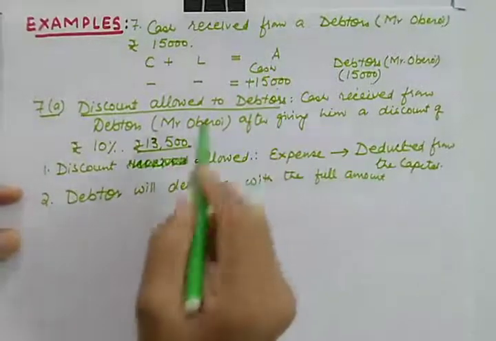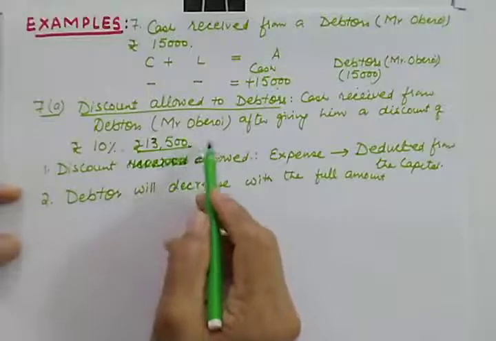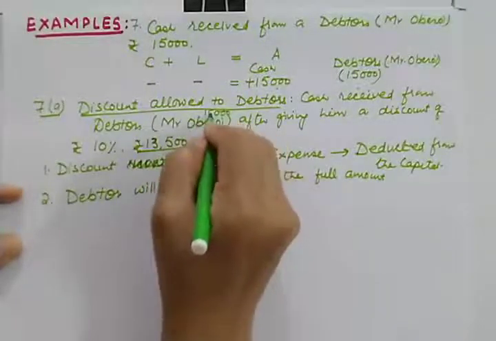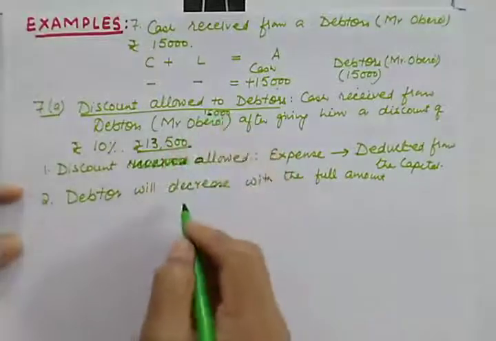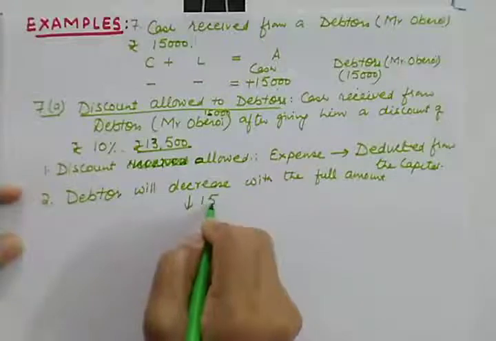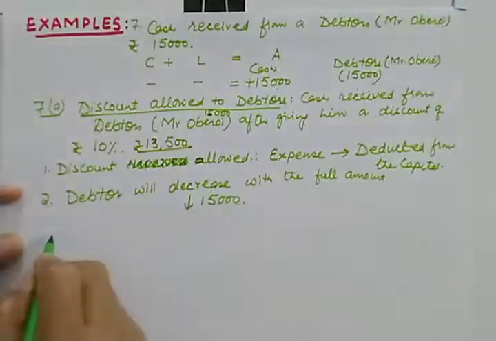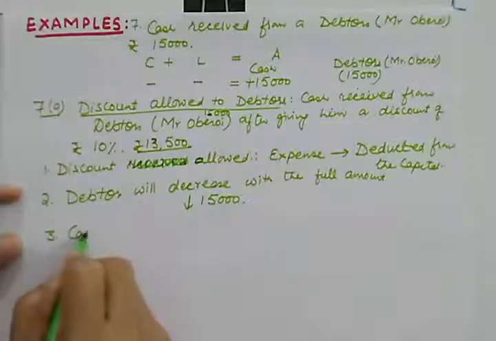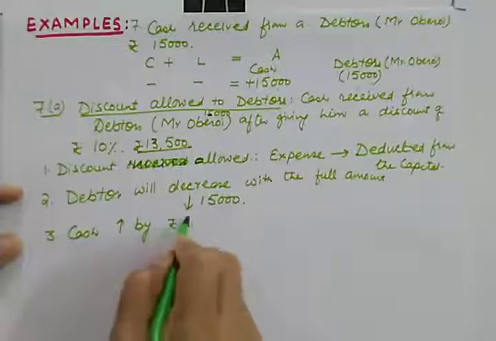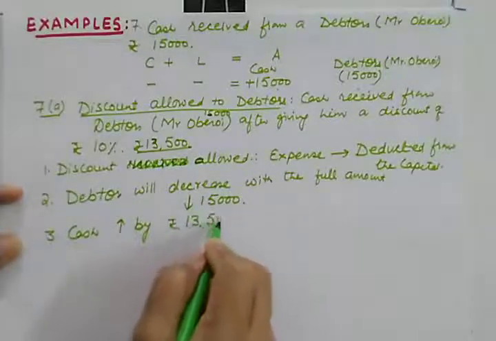We are assuming that 15,000 was due from Mr. Oberoi. So you will reduce your debtor by rupees 15,000, and cash will increase by rupees 13,500.